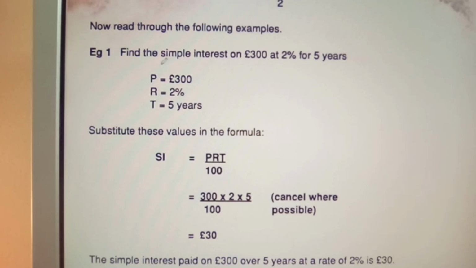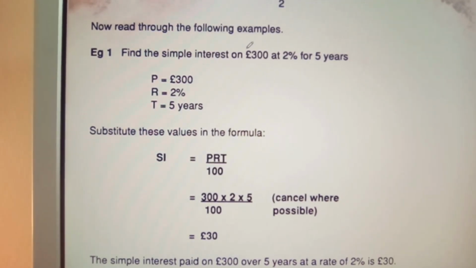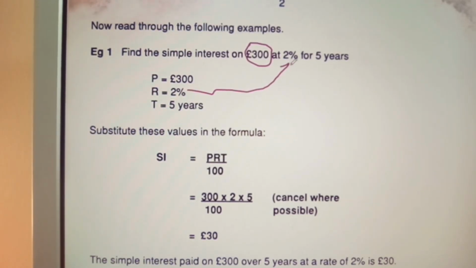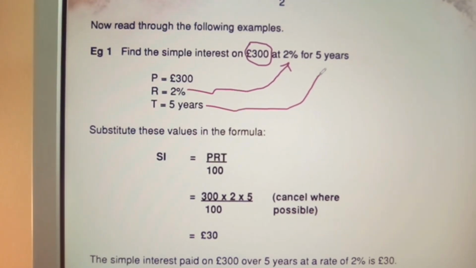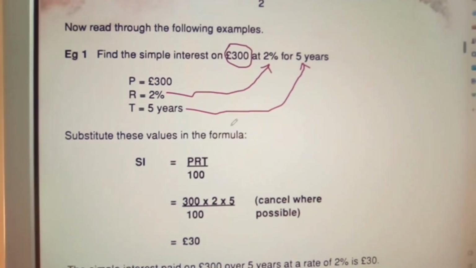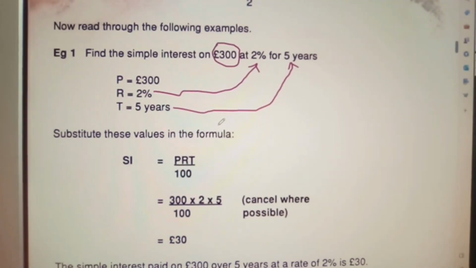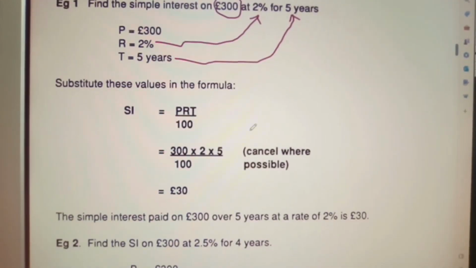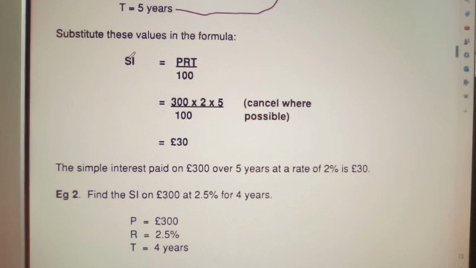Extract the information: £300, percentage rate is 2%, time is 5 years. Substitute these values in the formula. So remember your formula.